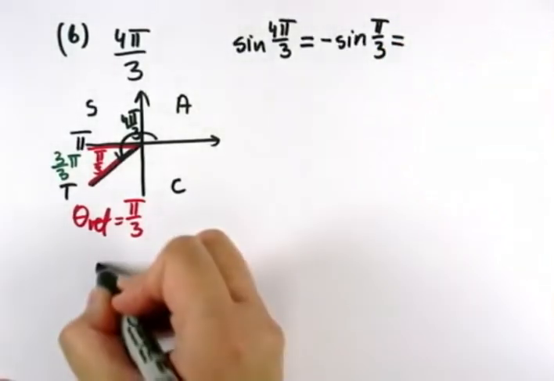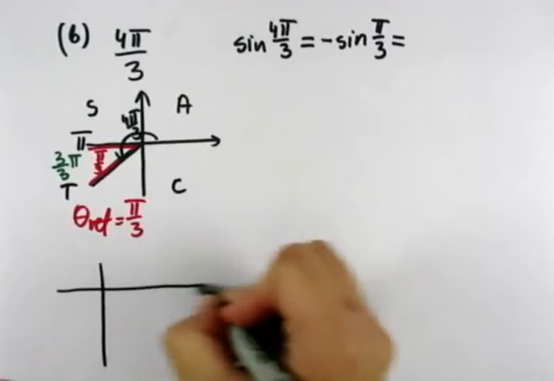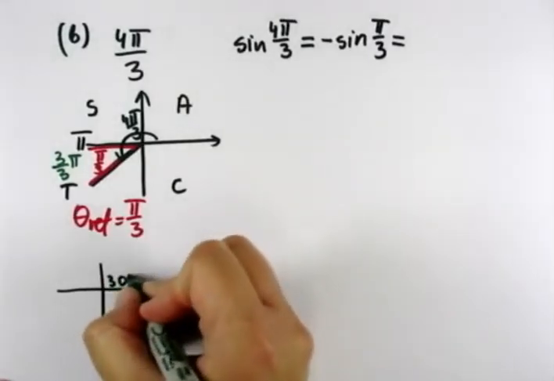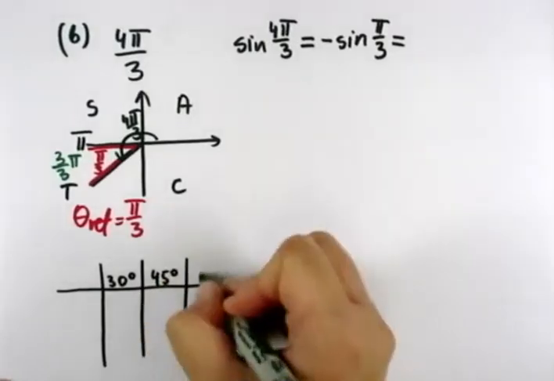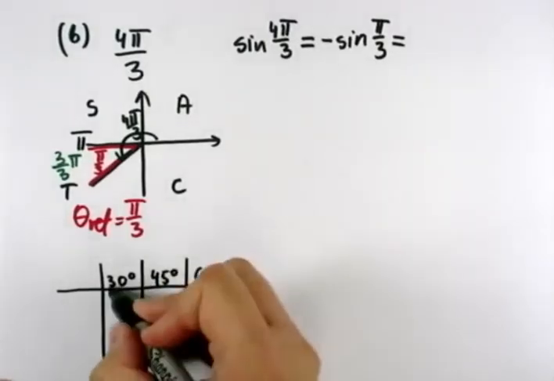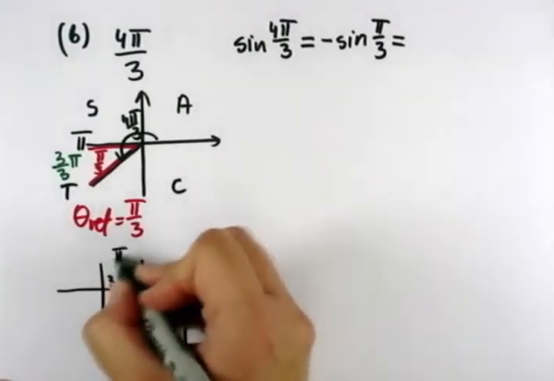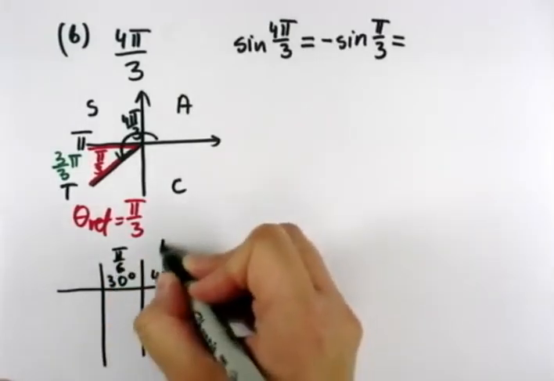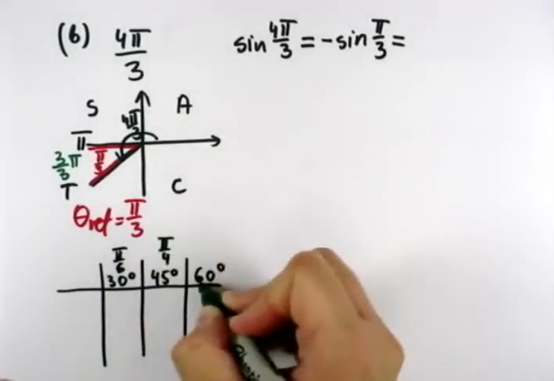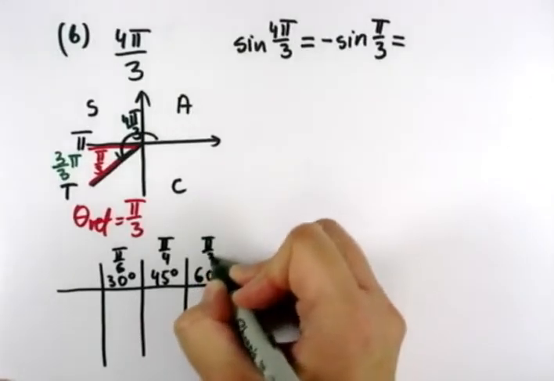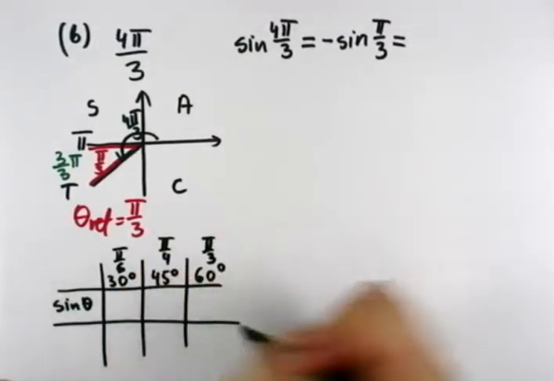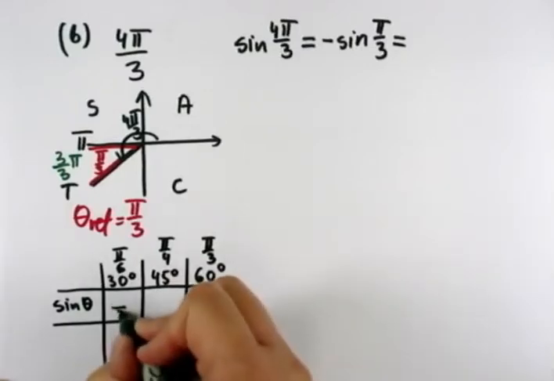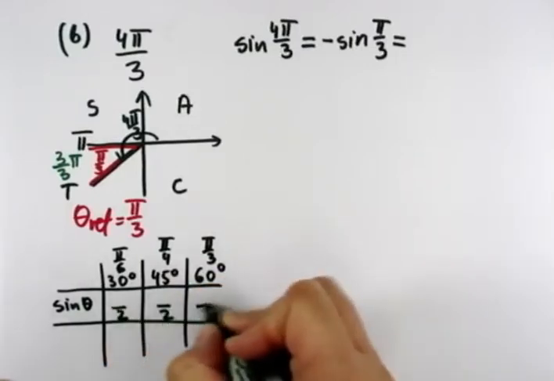We can recall our chart. I have 30 degree, 45 degree, 60 degree, and 3 changes to 6 pi over 6, 4 stays the 4, and 6 changes to 3, and this one was sine, so it was over 2 over 2 over 2.